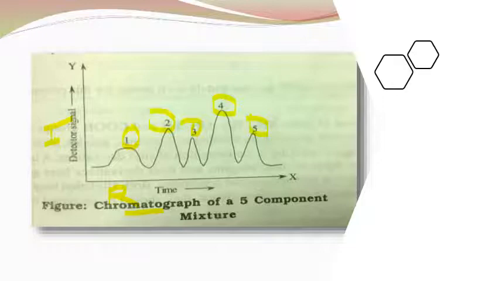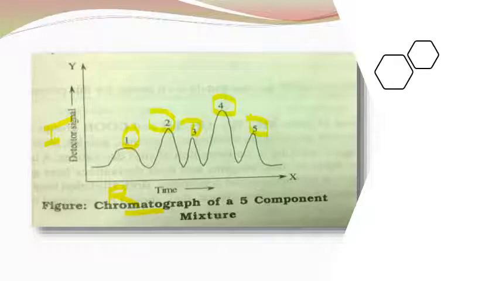Then the second peak has a retention time higher than the first. That constituent has greater affinity or higher solubility than the first one, then the third, the fourth and the fifth. The last one, having the longer retention time, has the highest affinity or solubility towards the stationary phase.